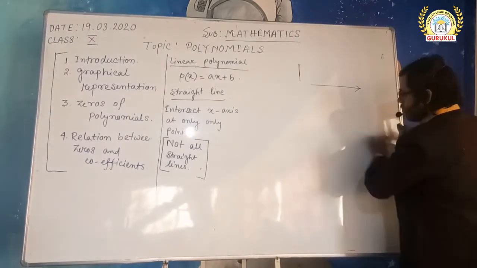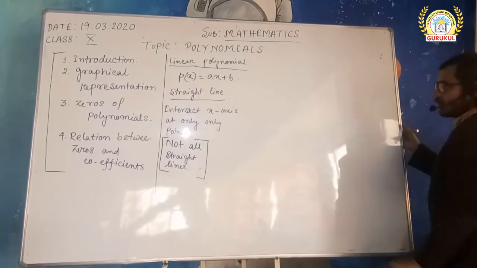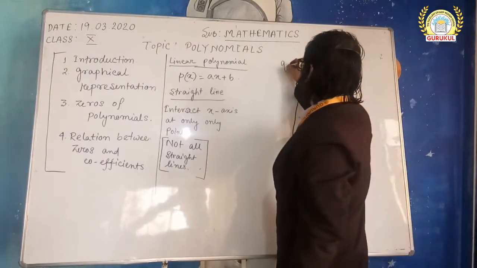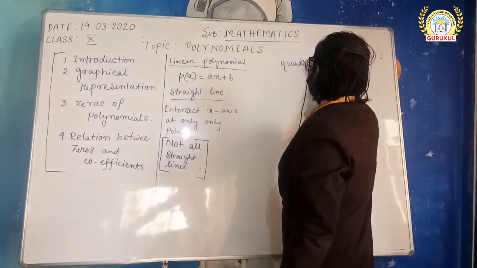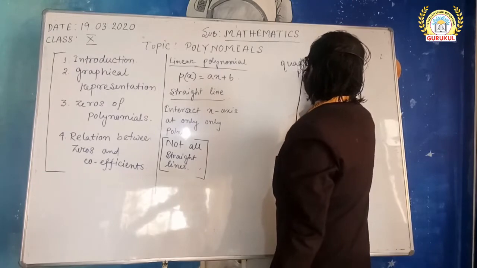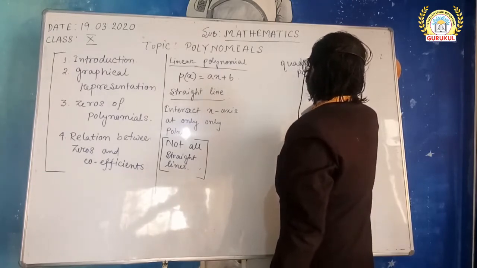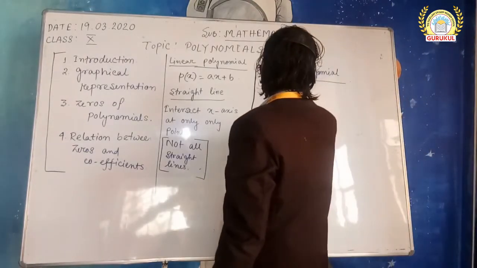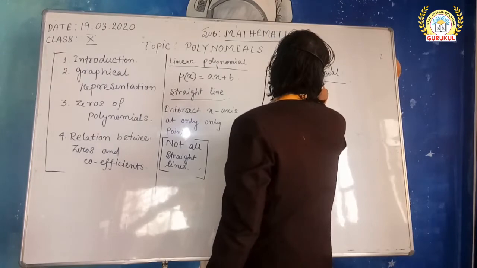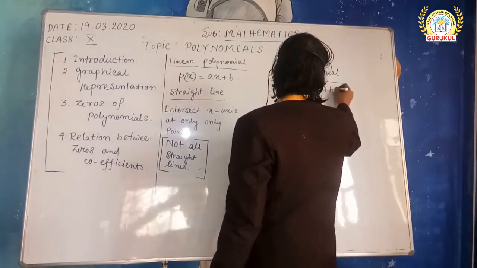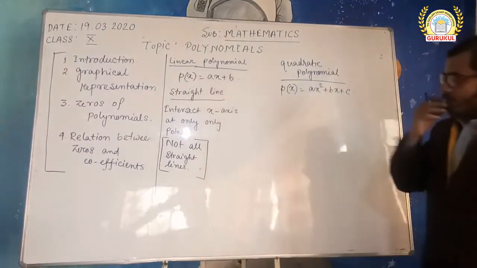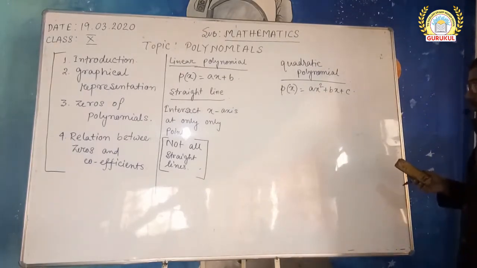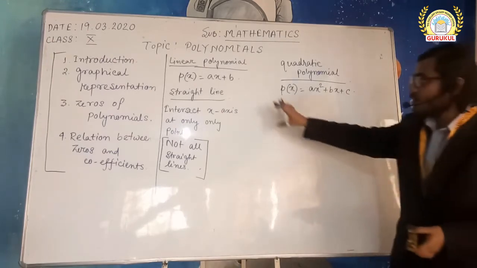The linear polynomial part has been completed. Now we are going towards the next part, that is the quadratic polynomial. If I write p(x) = ax² + bx + c, this quadratic polynomial obviously does not represent a straight line.